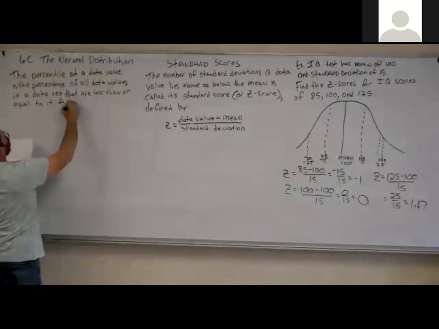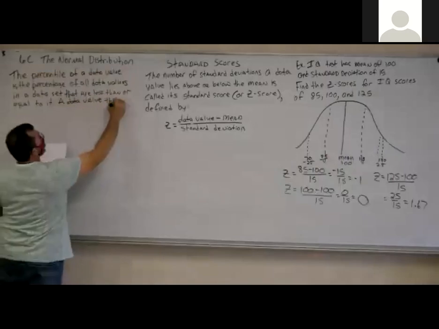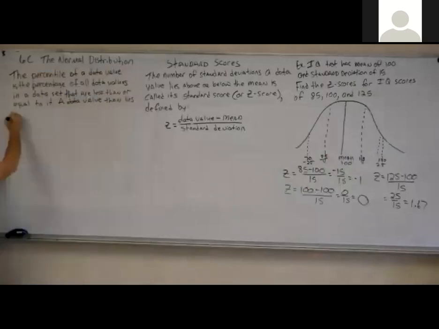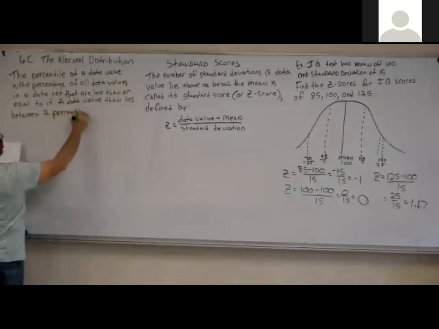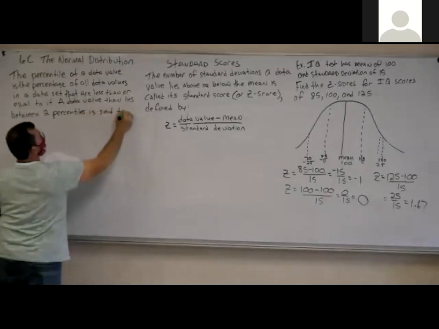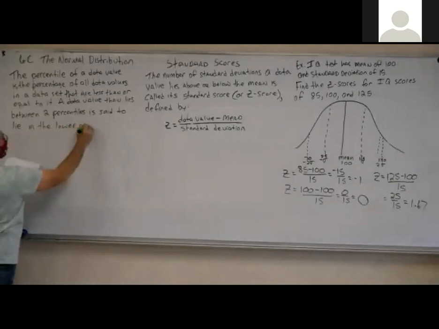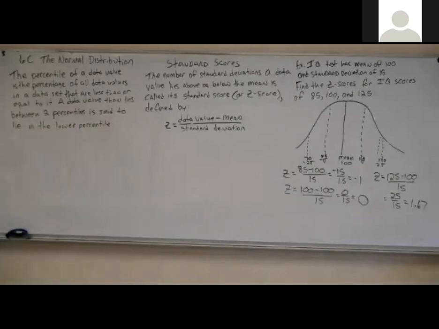So a data value that lies between two percentiles is said to lie in the lower percentile. So basically, it's almost like rounding down instead of up, okay?